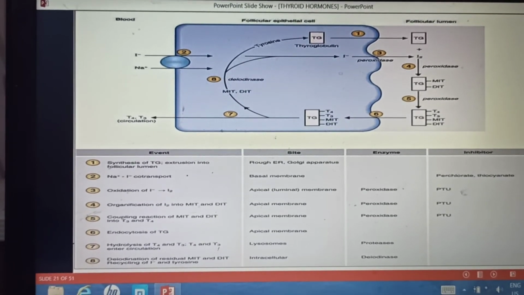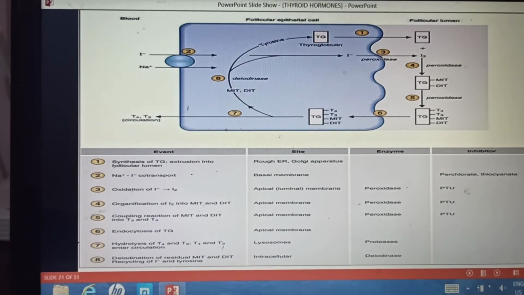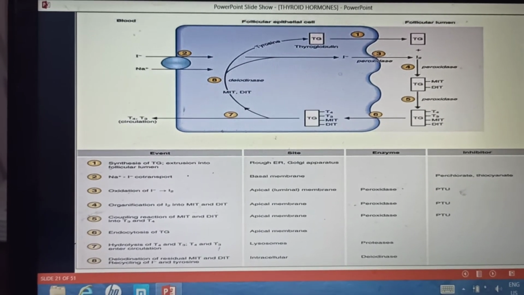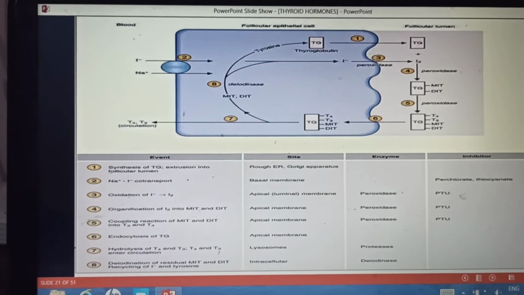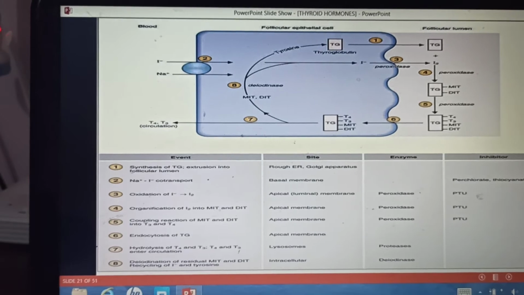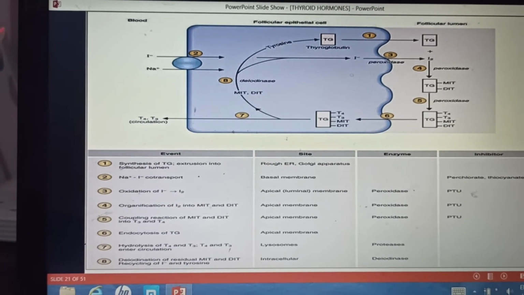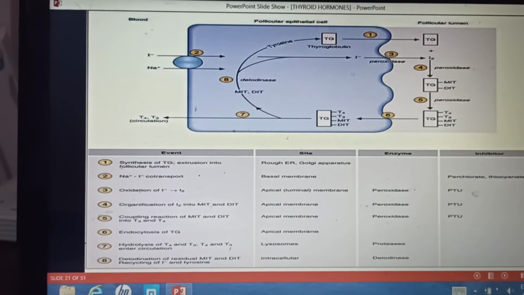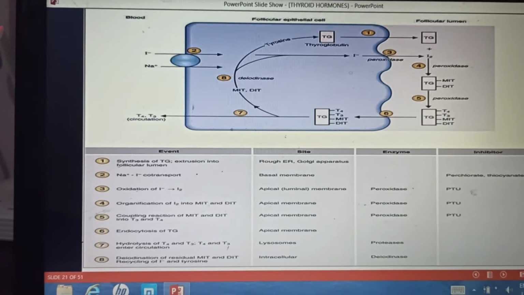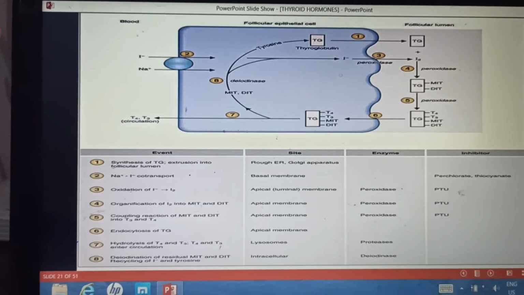Along with the T3 and T4, MIT and DIT are also released into the circulation, and they get deiodinated, and the iodide and tyrosine are released, and that is recycled again by the enzyme deiodinase. T4 is converted to T3 in the periphery by the enzyme deiodinase present in the liver and in the kidney.